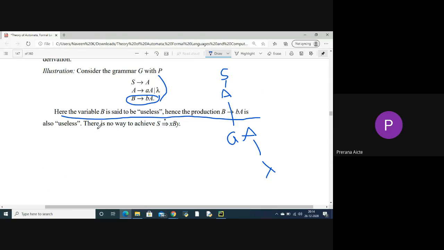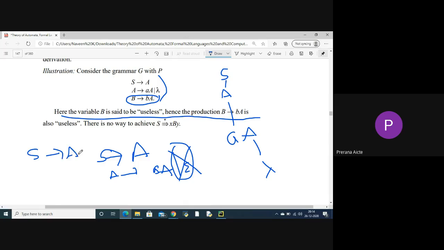Here we will eliminate epsilon production. S tends to A and A tends to AA or epsilon. So we need to eliminate this epsilon: S tends to A, and A tends to small a, capital A or small a. Because if we place epsilon here, we get only small a. Answer is small a.